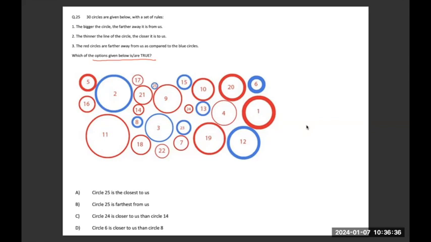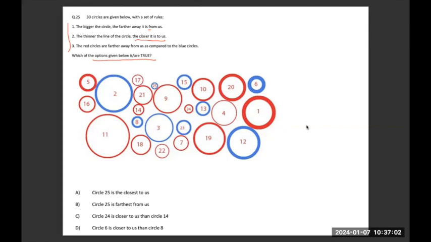You're given these 4 conditions. Bigger the circle, farther away it is from us, which means 11 will be farther away from you. Thinner the line, it may be comparatively closer to you. So red circles are farther away from us compared to the bluer circles.